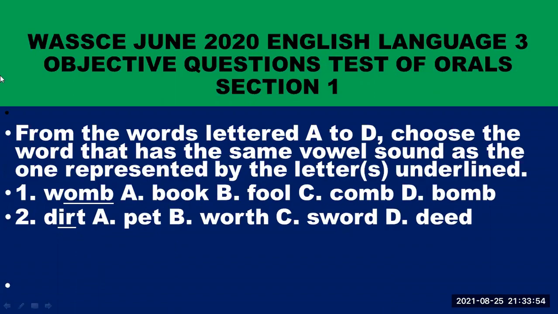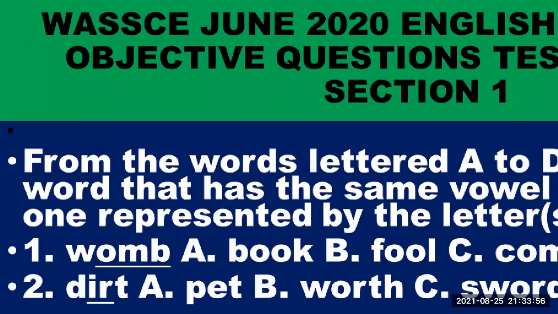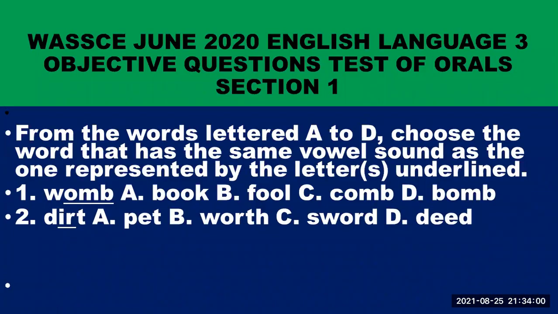Now, let's look at questions 1 and 2 and use them for illustration. So question 1, we are already given a word, womb, all right? And the letters underlined are OMB.